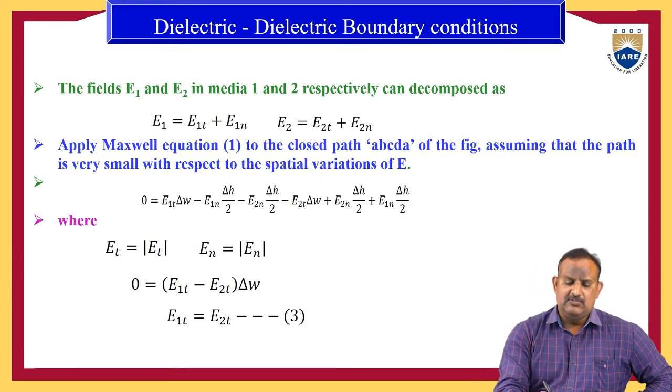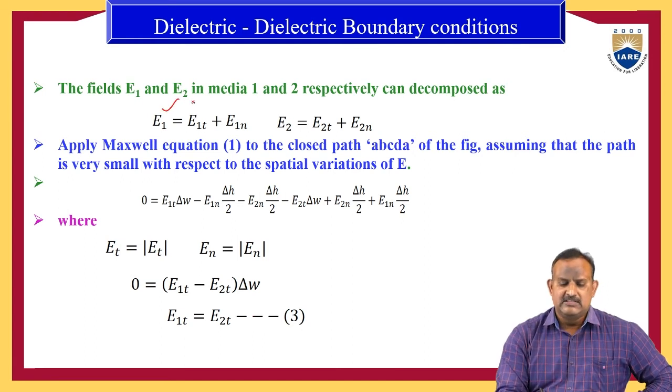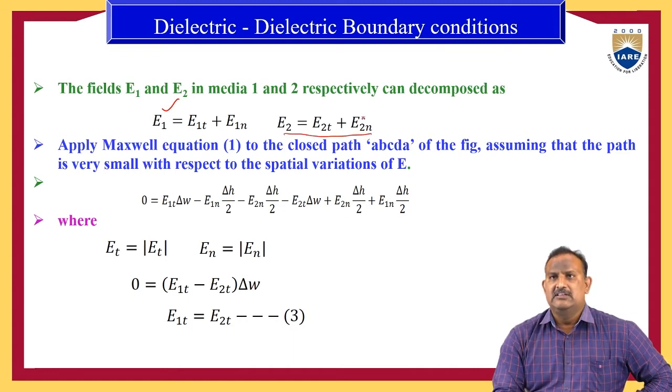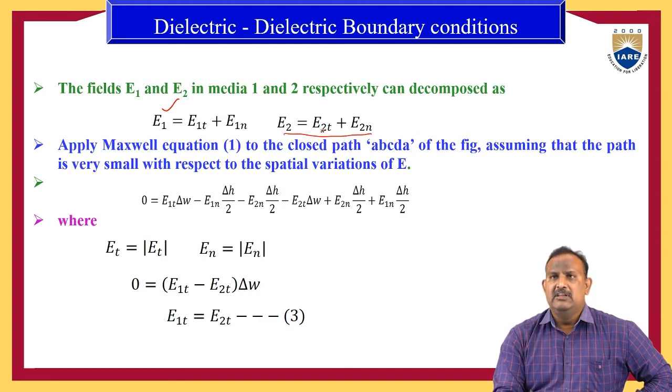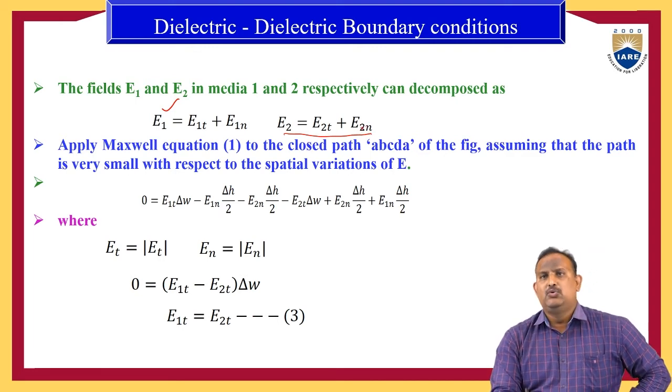Therefore the electric field E1 is split into two parts, E1t plus E1n, and the total gives E1. Similarly, the electric field of the second media is decomposed into a tangential component and a normal component, E2 equals E2t plus E2n.